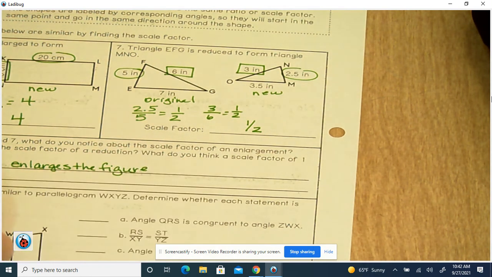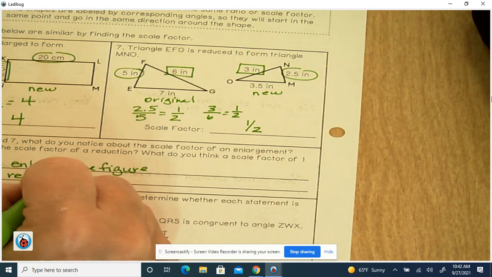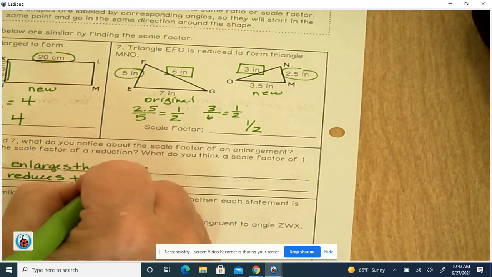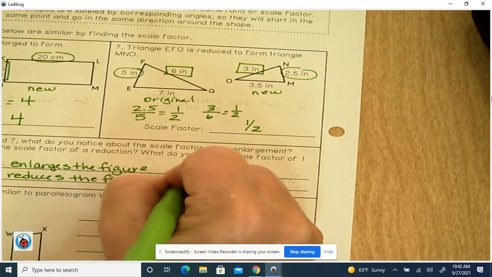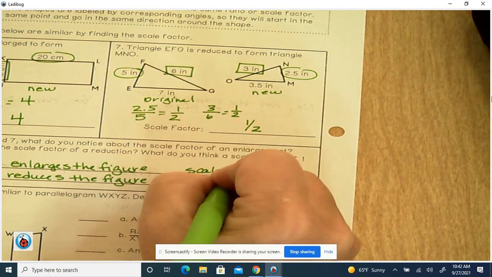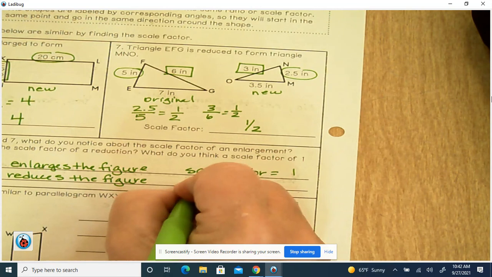If the scale factor is less than 1, it reduces the figure. And if you have a scale factor that equals 1, it stays the same.